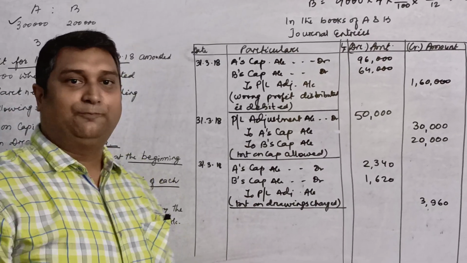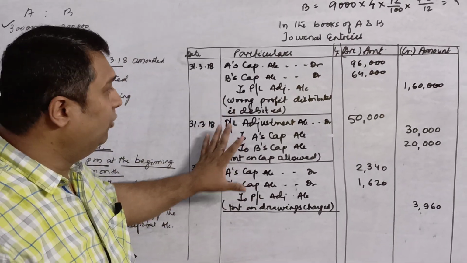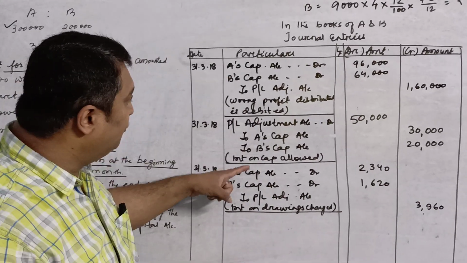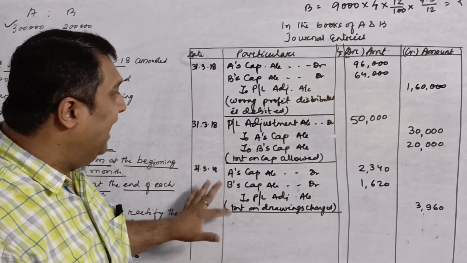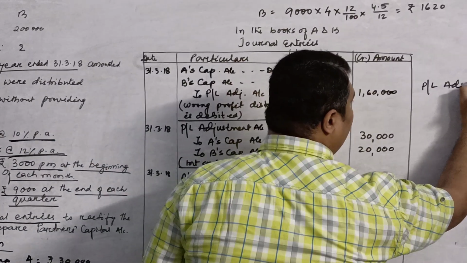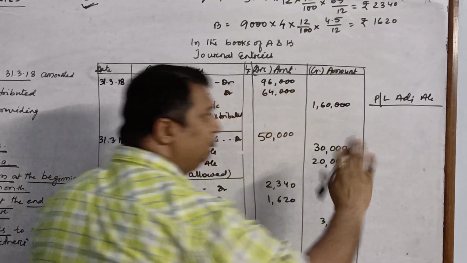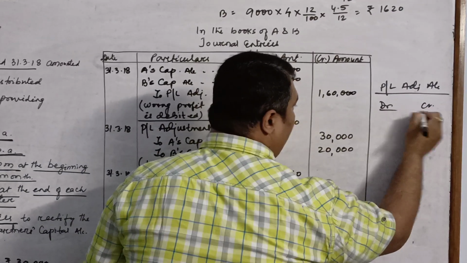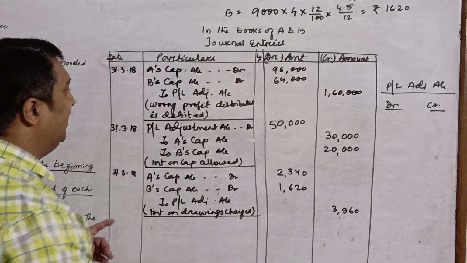So we have made both the provisions. Now children, what you are supposed to do is you have to balance. Now this is the end of the question. We have to talk about the PL adjustment account, because the final distribution is left now. And we will see the debit total and credit total. What is the debit total of PL adjustment?